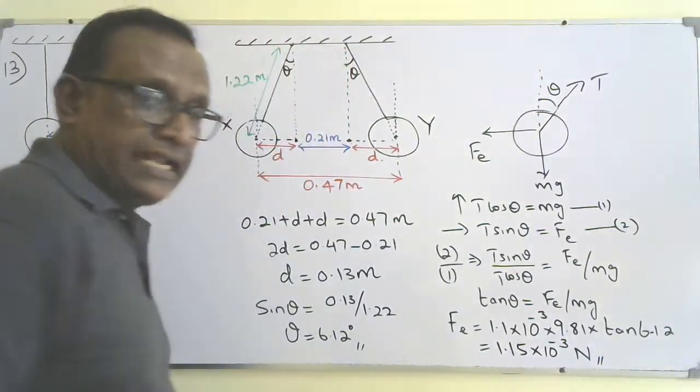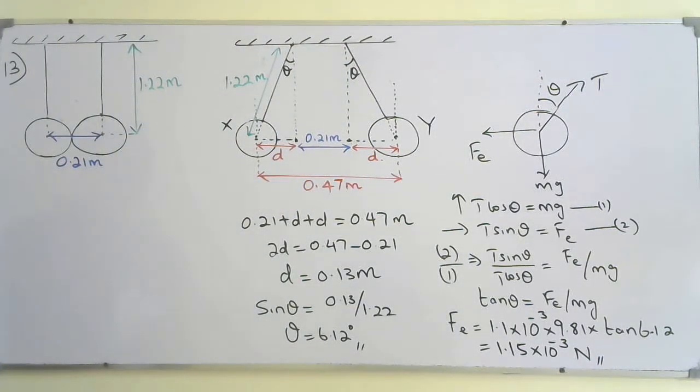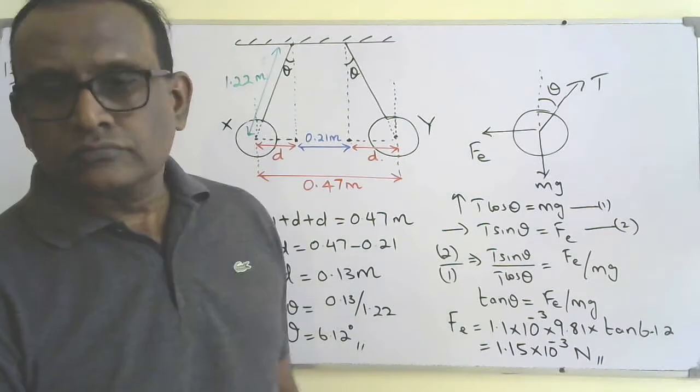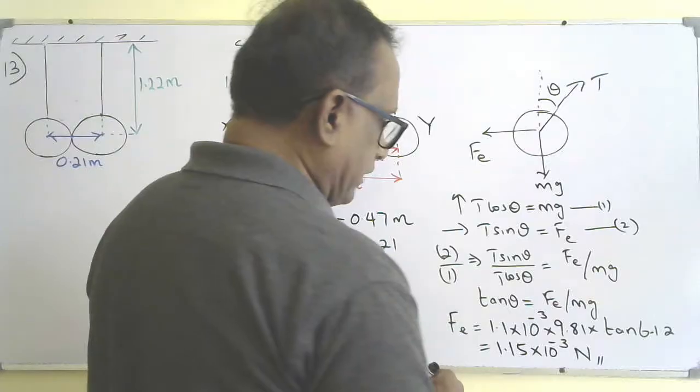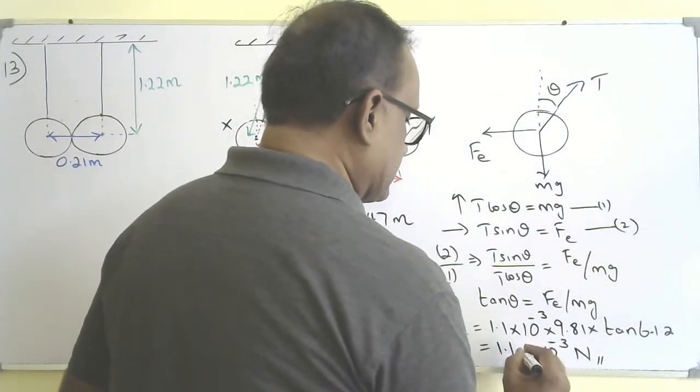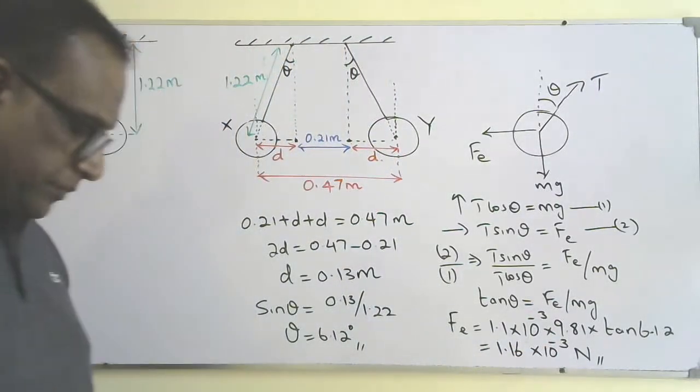That's the answer for the electrostatic repulsive force. Okay, it's 1.157, so 1.16 times 10 to the power minus 3 Newton.